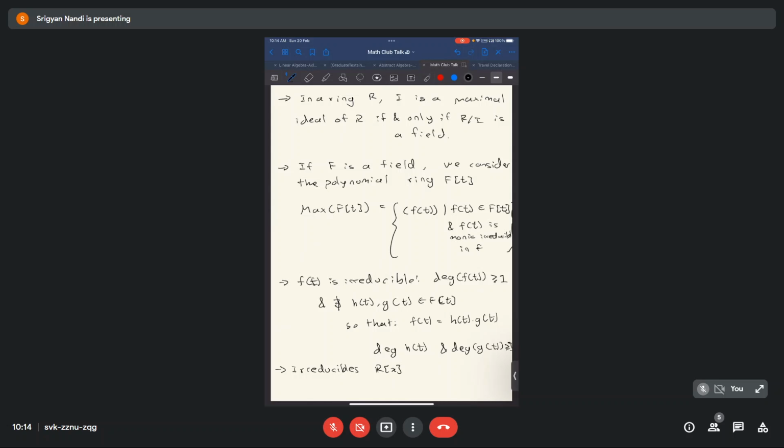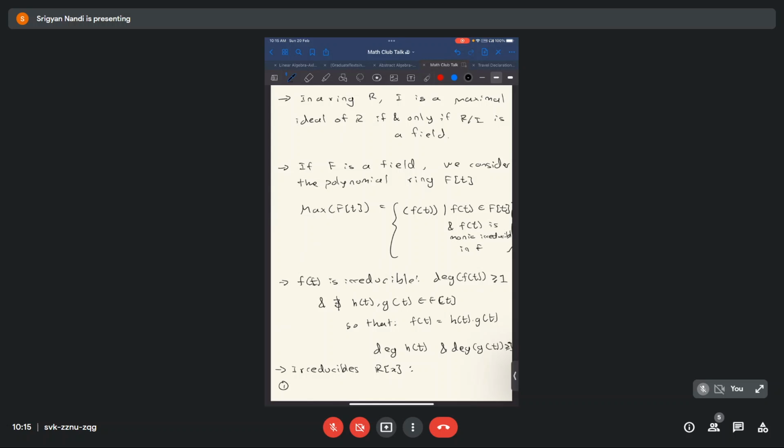So in R[x], the ring admits only two kinds of irreducibles. First of all, all the linear polynomials in R[x] are trivially irreducible, since every linear polynomial in any polynomial ring is always irreducible, because you can never decompose a linear polynomial into a product of two polynomials with degree greater than or equal to one.